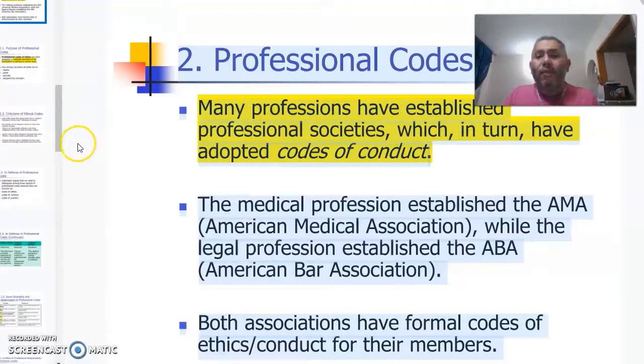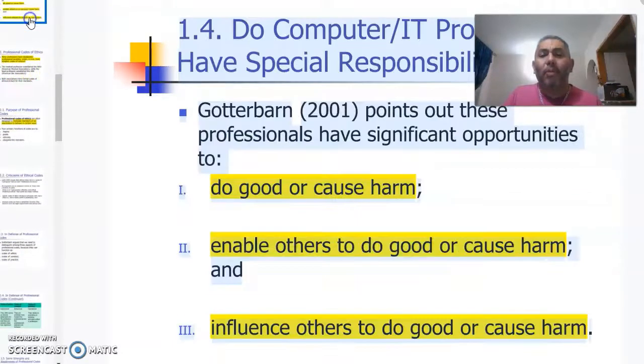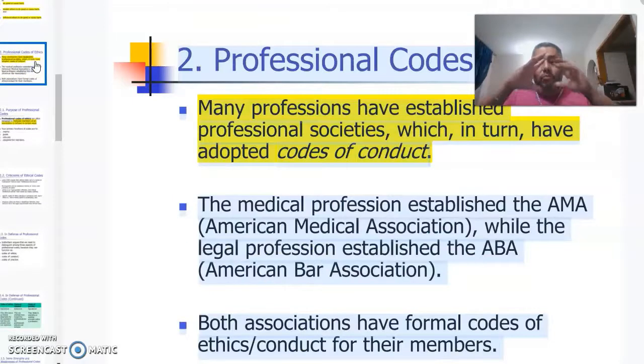Now, because of those special responsibilities, it is important to establish codes of ethics. What is a code of ethics? It is a guide that an association establishes for its members.